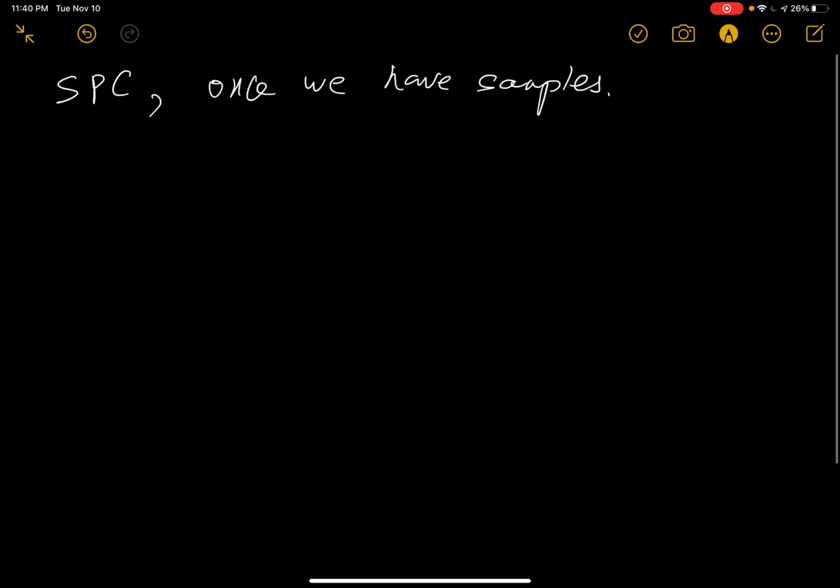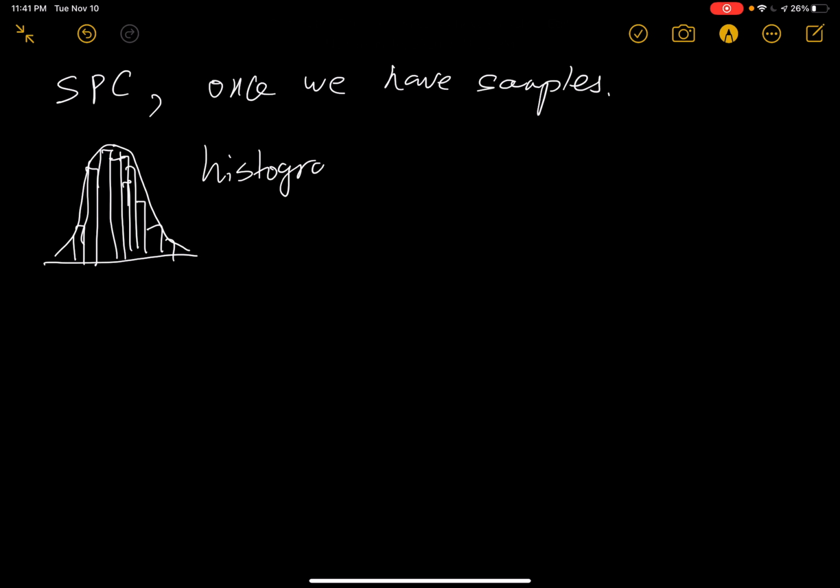Now, in SPC, once we have samples, not only one of them, we should be able to find a histogram or something like that to represent the distribution. From the samples we find a distribution.